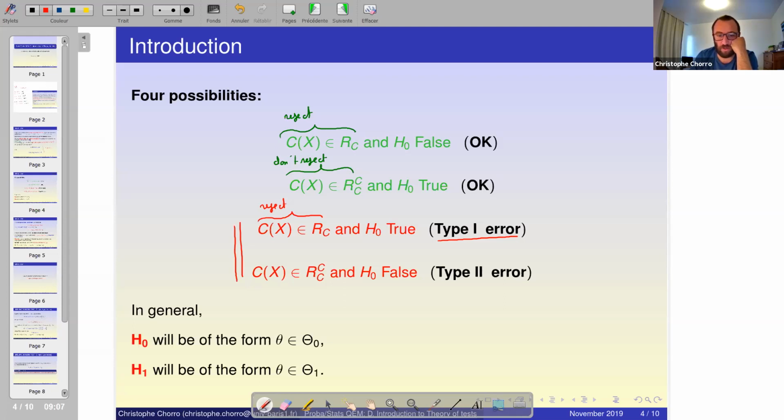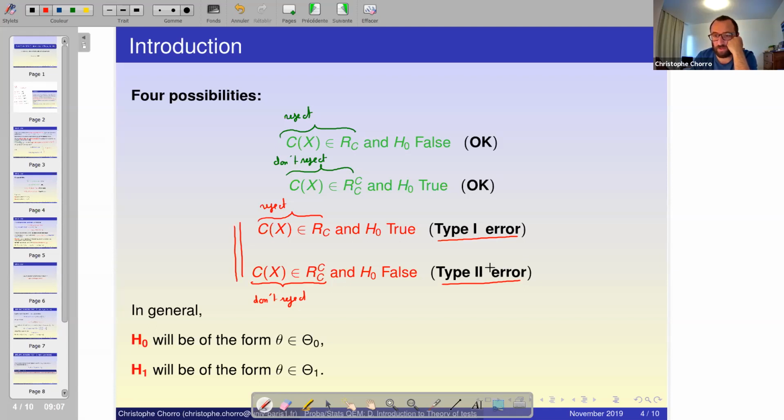The second bad case is the case where I don't reject something that is false. It's not a good situation for me because I don't reject something that is false. It's what I call the type 2 error.